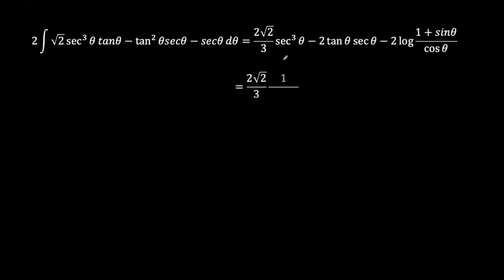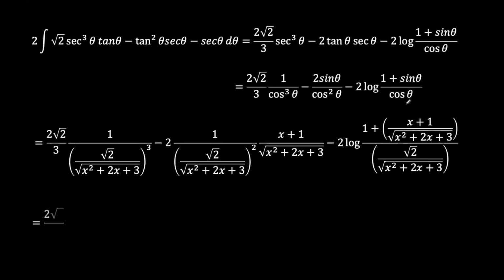And so substituting back for sec cube theta, this is the same as 1 over cosine cube theta, and then 2 tan theta sec theta is the same as 2 sine theta over cosine squared theta, minus log 1 plus sine theta over cosine theta.